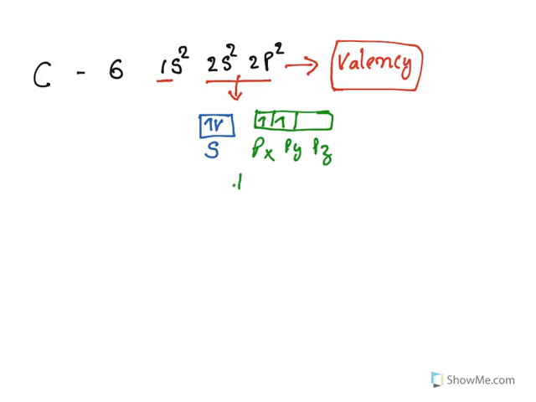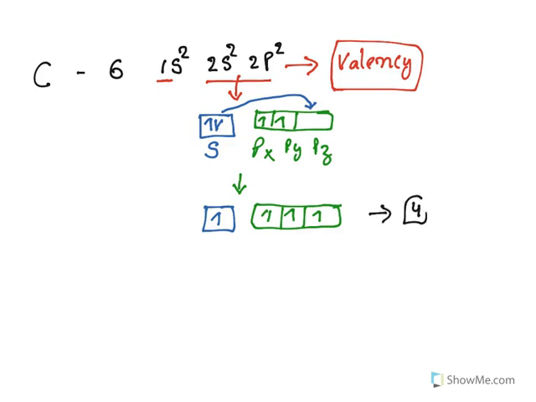When carbon gets excited, one s electron moves to the empty p orbital. In s you are left with 1 electron, and in p all 3 orbitals are occupied with electrons. So in the valency shell, carbon has got 4 electrons.